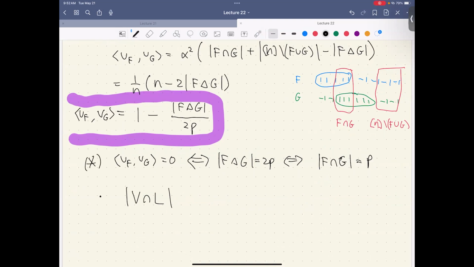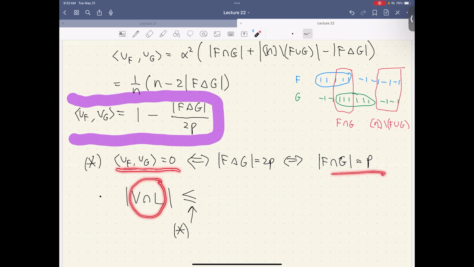Because of this, vectors in here, pairs are orthogonal if and only if they have intersection size p. But also vectors in V are never orthogonal.